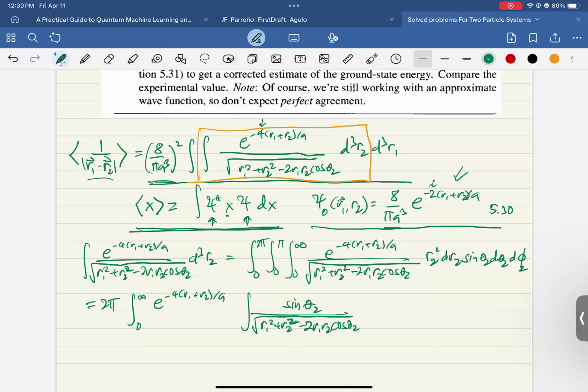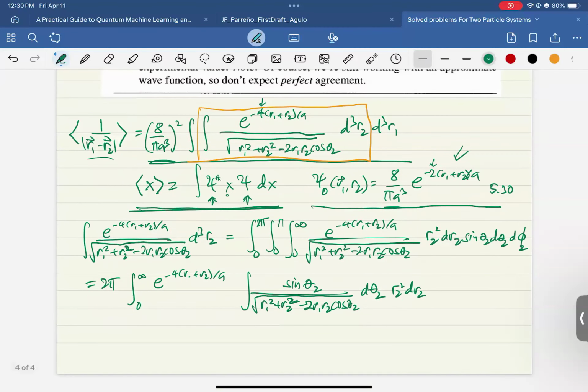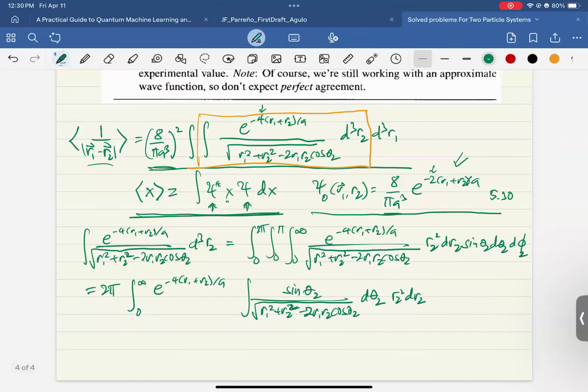Okay, and d theta 2. So R2 squared d R2. Okay, so ito yung unang integral na integrate natin. And then of course, after natin integrate yan, integrate naman natin with respect to dr2.